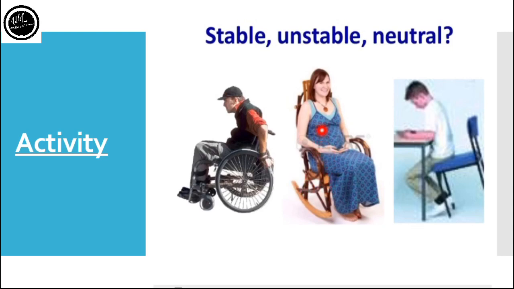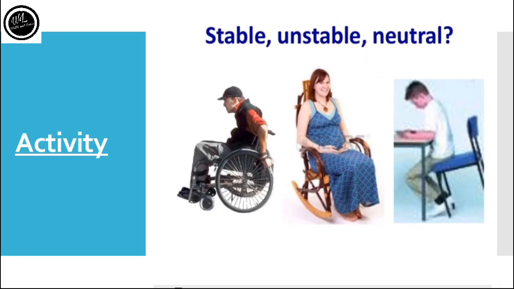Whereas this picture here, if I am slightly tilting, it will come back to its previous position. So it is an example of stable equilibrium. What about this? If I am slightly tilting it, it will also come back to its previous position. Then it is also an example of stable equilibrium. But if I am tilting it more, then the boy will fall and it will satisfy the example of unstable equilibrium.